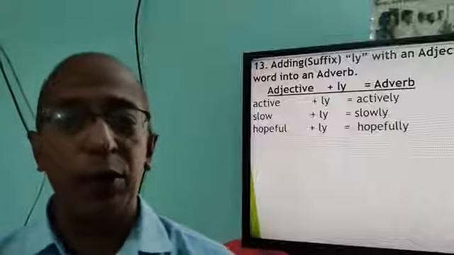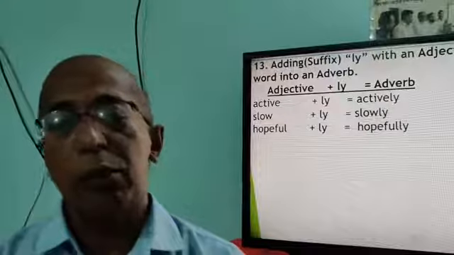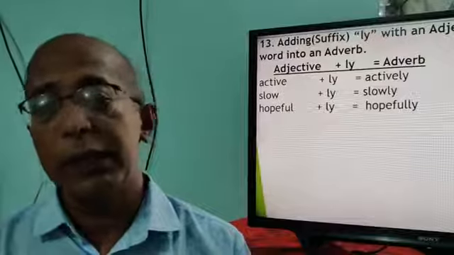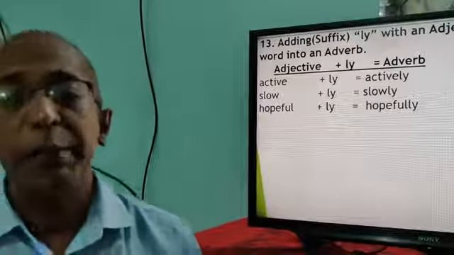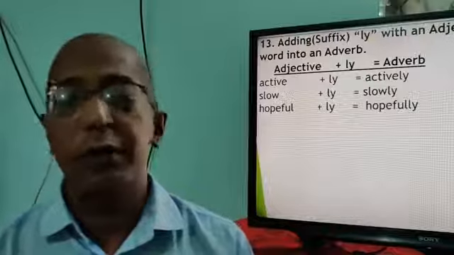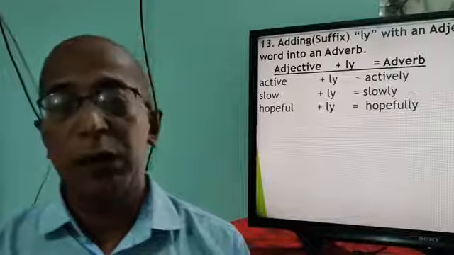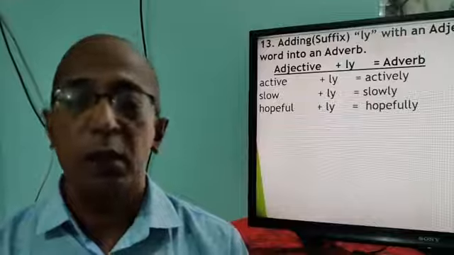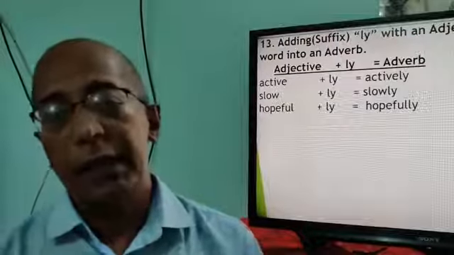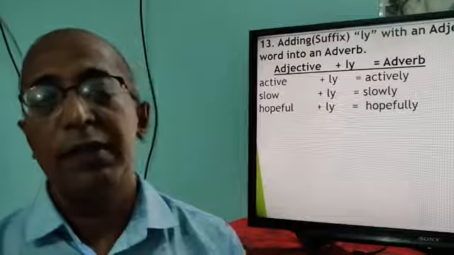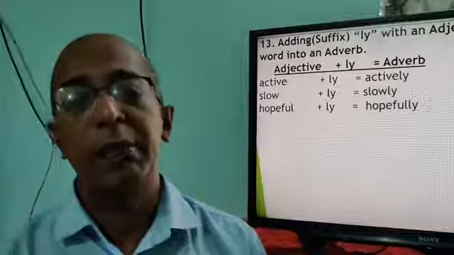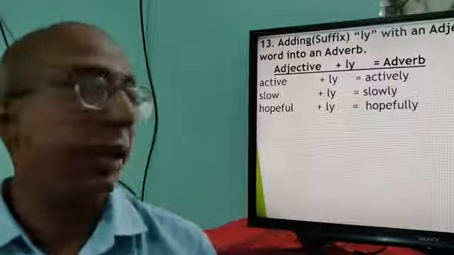So there are two types of uses of ly. One is with a noun and one is with an adjective. When it is added with a noun, it turns into an adjective. When it is added with an adjective, it turns into an adverb.